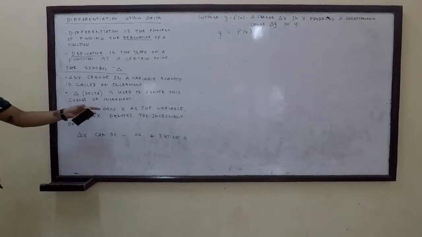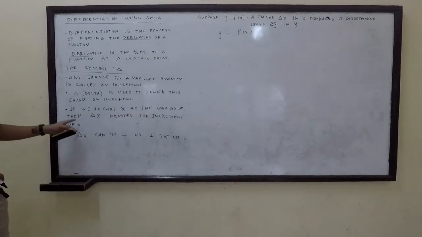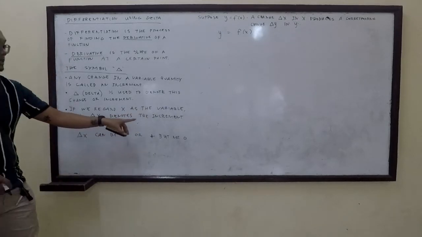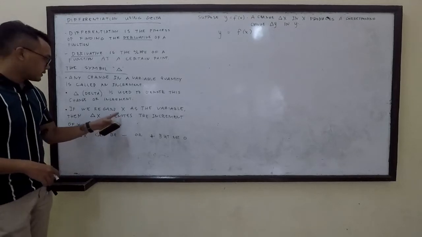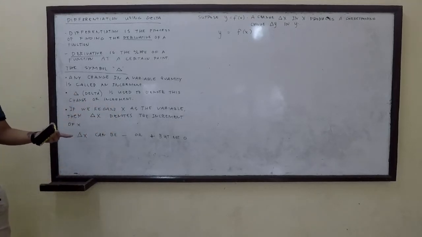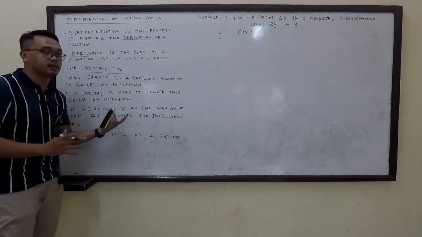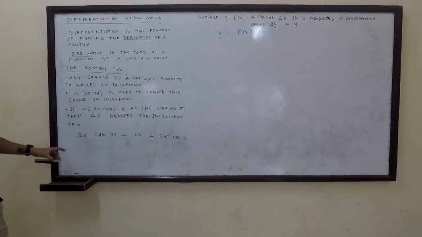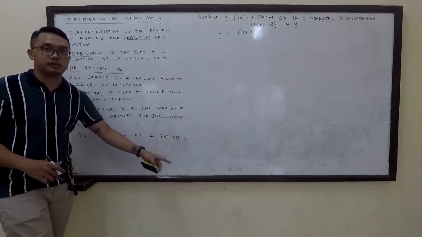So if we regard x, for example, as the variable, then delta x denotes the increment of x. So x is our original variable, and delta x is the change in x. Delta x can be negative or positive, but not 0.